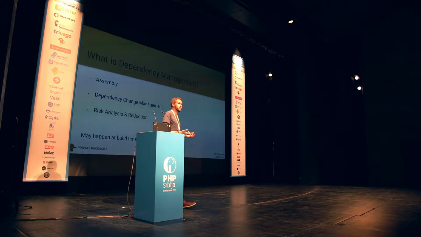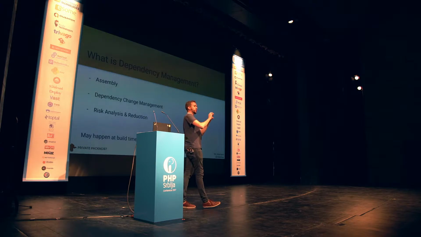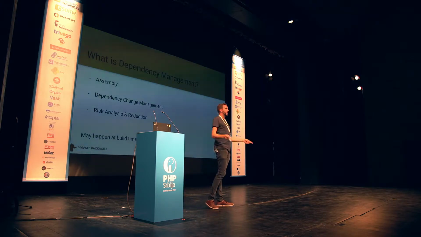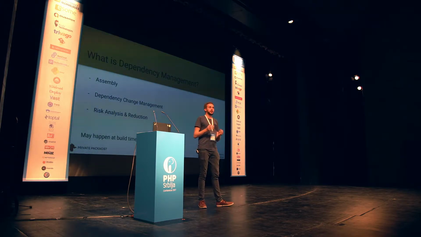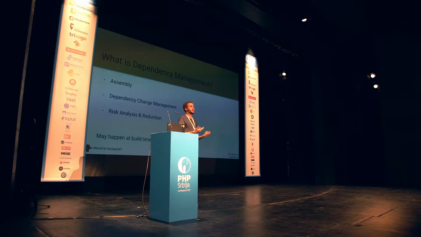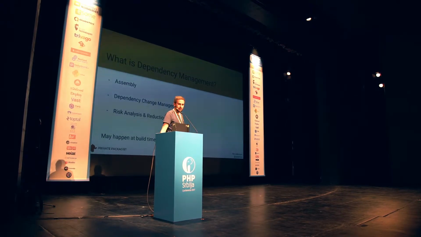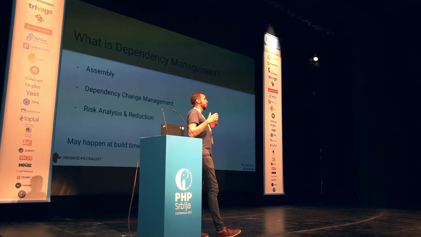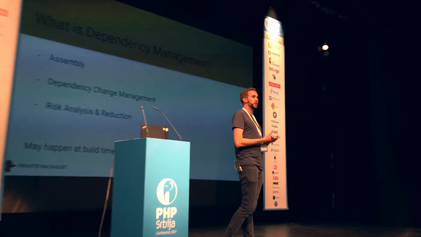the second is dependency change management, which is everything related to modifying this application as a whole. We'll talk in detail about what exactly that is, but modifying what gets assembled is, in a sense, changing this. And most importantly, and what we'll talk about for most of the talk, is how do you analyze what risks exist while you're doing this, and how do you minimize or reduce these risks?